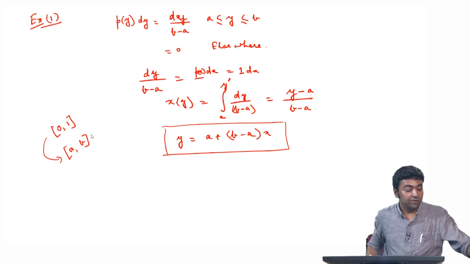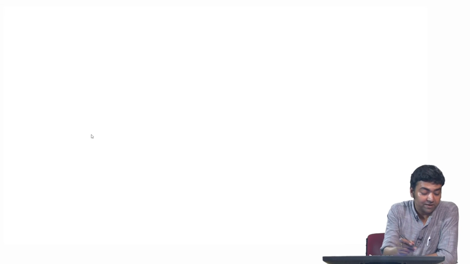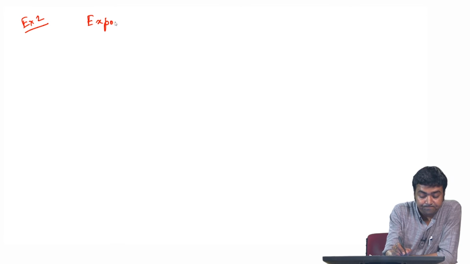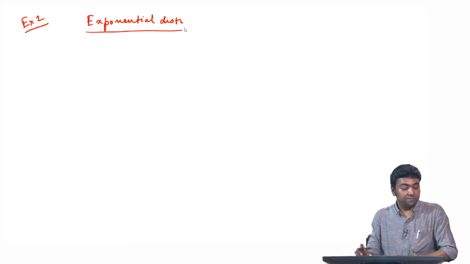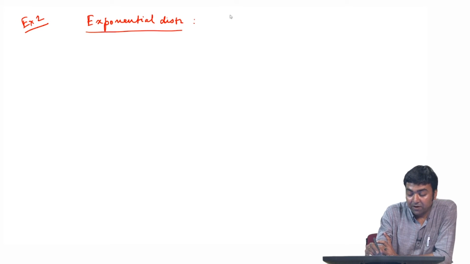Another type of distribution which we often find, particularly in physics, is the exponential distribution, which is example 2. What I want to generate is random numbers whose desired distribution is e to the power minus y dy.